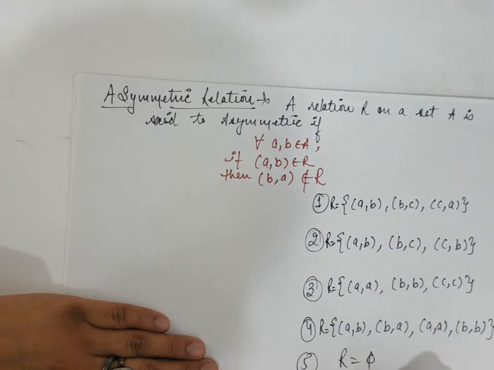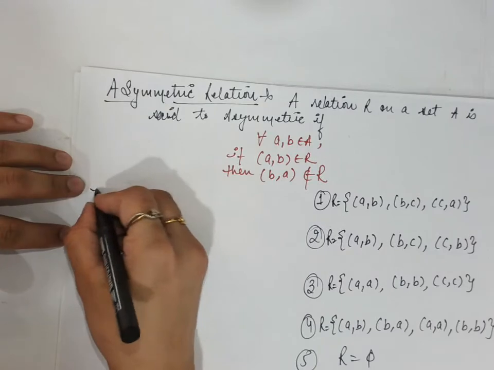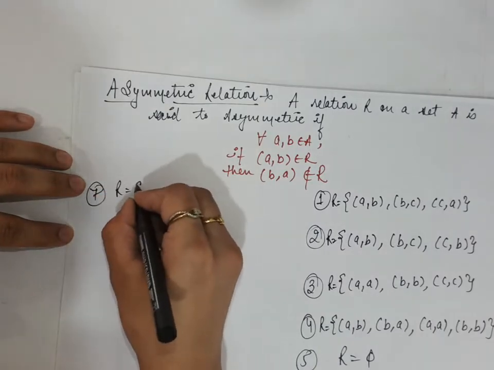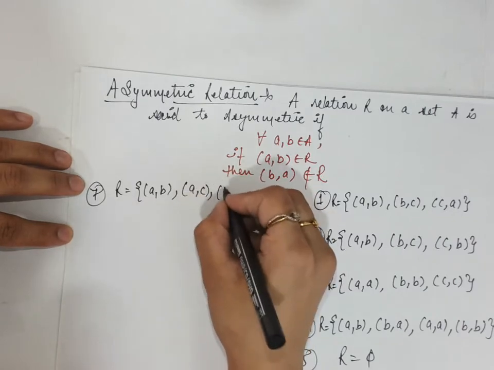R6 is equal to A cross A. And the last one is AB, AC and BC.